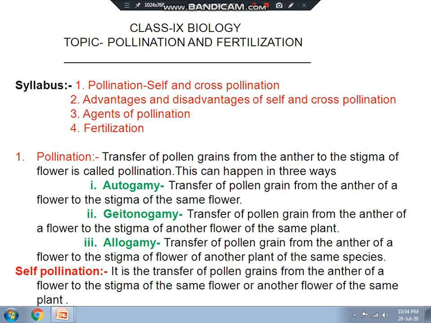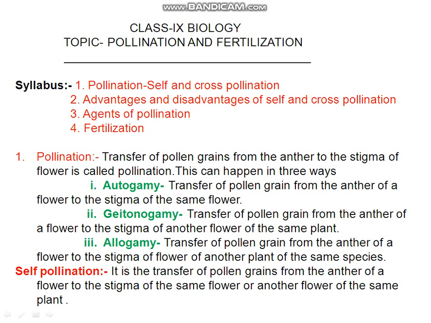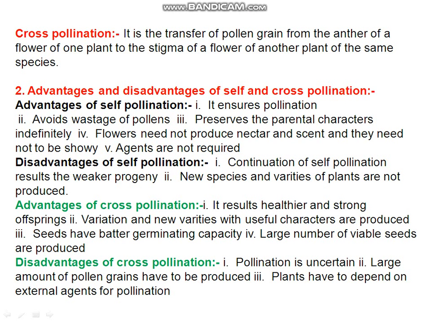Now, what is cross-pollination? It is the transfer of pollen grain from the anther of a flower of one plant to the stigma of a flower of another plant of the same species. This is called cross-pollination. I have already discussed it in allogamy.